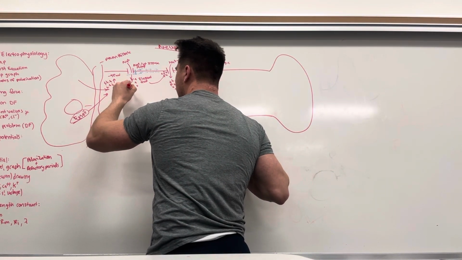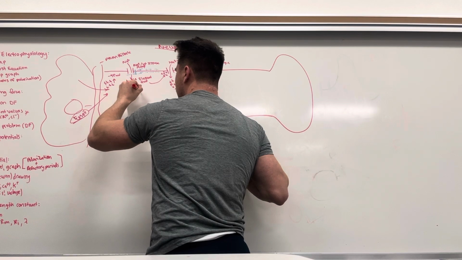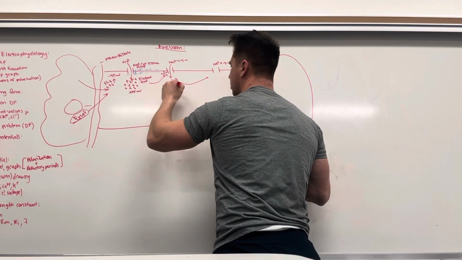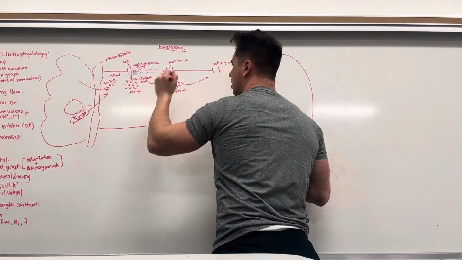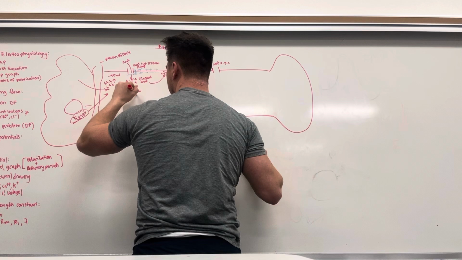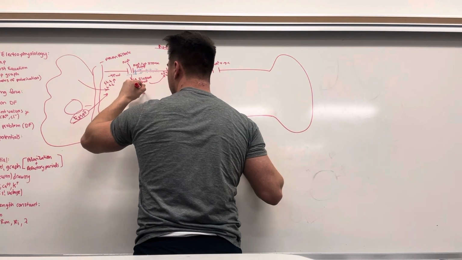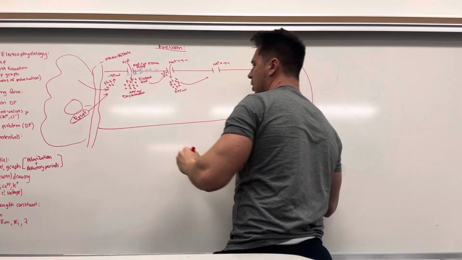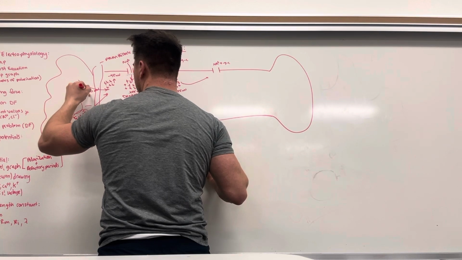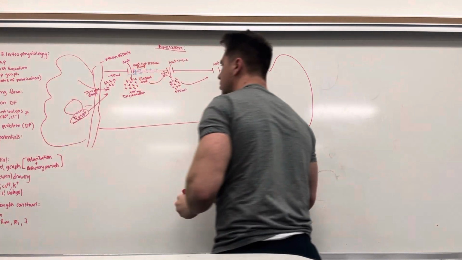And so we end up getting this up to positive 55 millivolts. And this is a state of depolarization. And right here, we were at negative 70 millivolts, resting membrane potential.